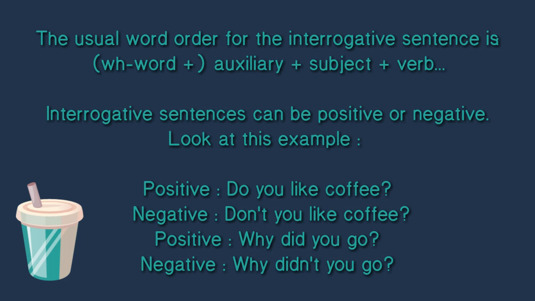So if there is a question word like why, what, how and so on, that means a WH question word, we should write that at first, then auxiliary plus subject plus verb and it goes on like that. If there's no WH question word, how will the sentence start? It will start with an auxiliary verb. Auxiliary verb, then subject and verb and it goes on like that. So that's the order of an interrogative sentence.